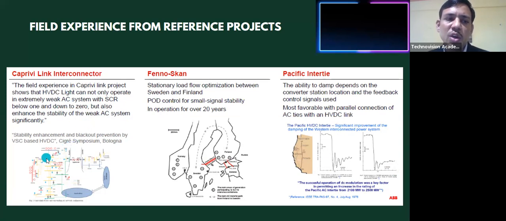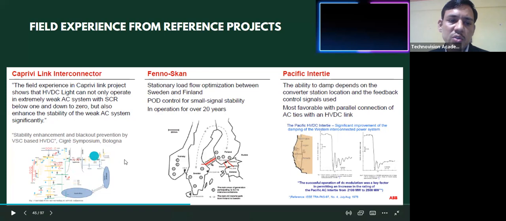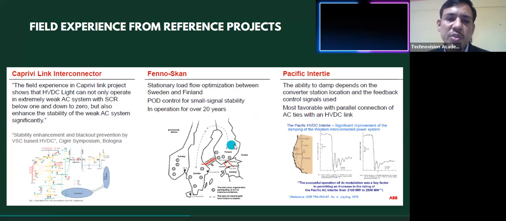In that case also, this HVDC Light or VSC HVDC will give you very stable operation in that region. So this is an example application of VSC HVDC in a weak AC grid. Then stationary load flow optimization between Sweden and Finland, and POD control of small signal stability.